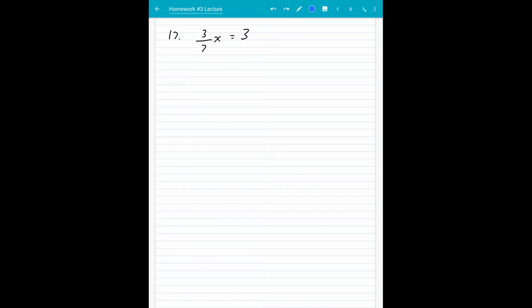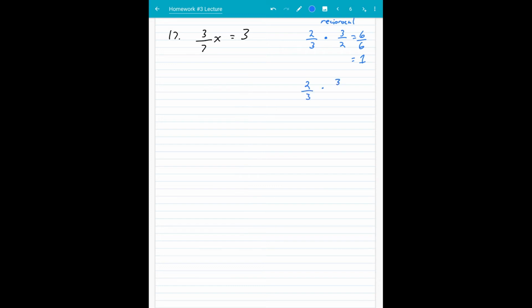The reciprocal of a number, let's say I have 2 over 3, the reciprocal, that's how it's spelled, is basically the fraction flipped over, which would be 3 over 2. If we multiply reciprocals like that, they always become 1 because 2 times 3 makes 6, 3 times 2 makes 6, 6 divided by 6 makes 1.